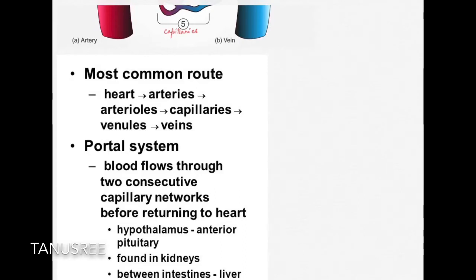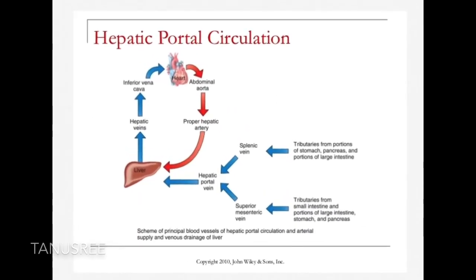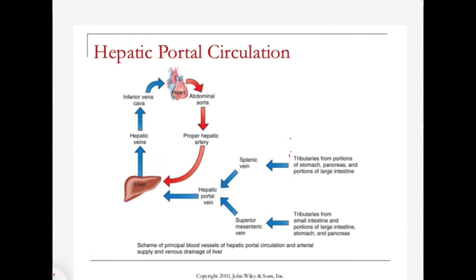Such kind of a portal system is found in the hypothalamus pituitary system, it is found in the renal system, and it is also found between the intestines and the liver. In the hepatic portal system, the tributaries from the portions of the stomach, the pancreas and the large intestine, along with the small intestine, all these are coming out in the form of capillaries.